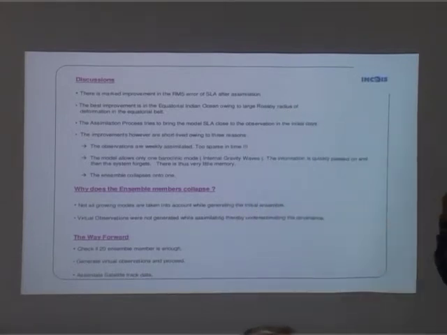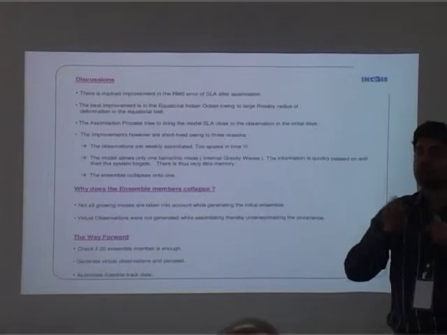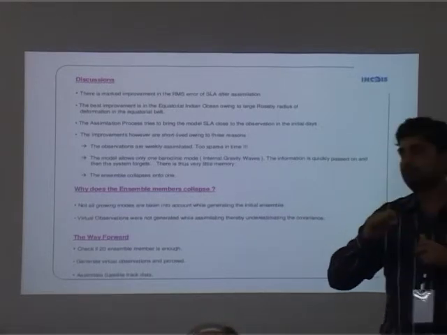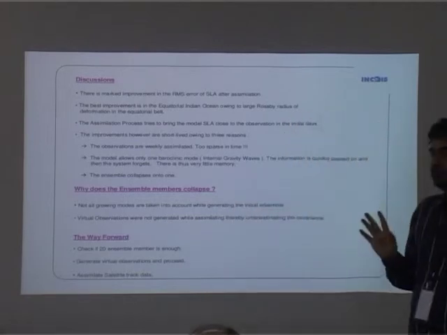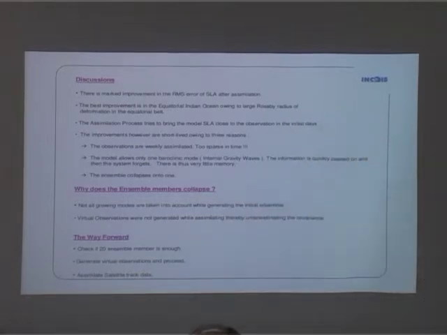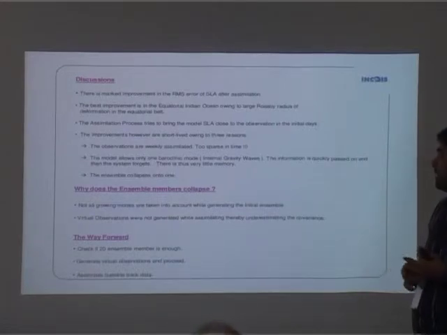Since it is fast, whatever adjustment you do in the analysis step is quickly propagated and the ocean forgets. This is what we are thinking. Maybe this is one of the reasons for the ensemble collapse.